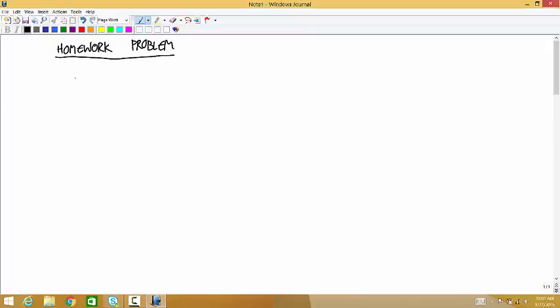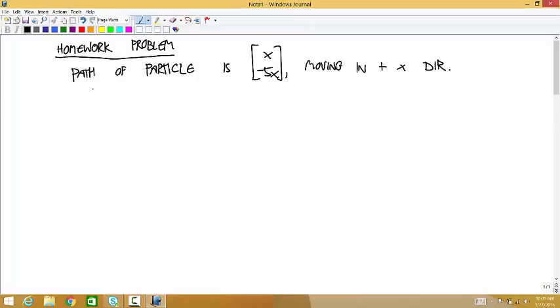Okay, so the path of a particle is x, negative 5x, moving in the positive x direction. And the speed of the particle is 2x. What's the acceleration?